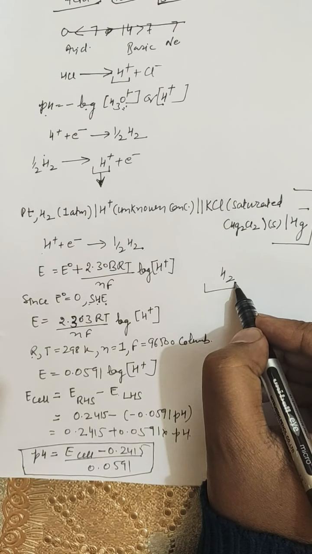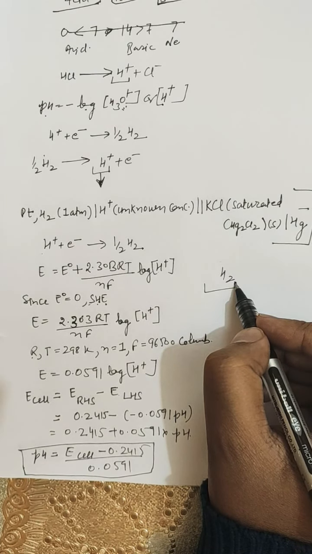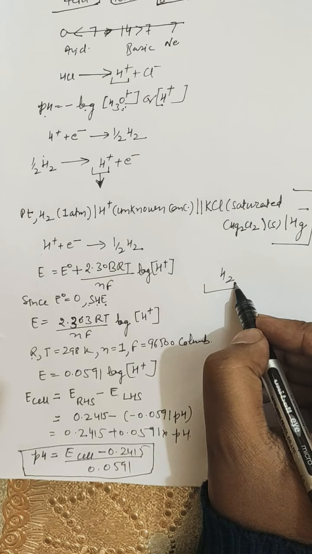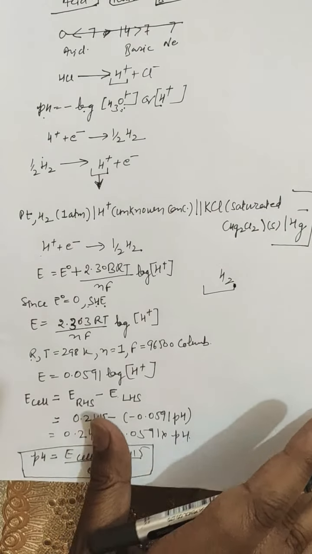Further, it requires a considerable volume of test solution. The test solution might poison the surface of the platinum electrode, and last, the potential of the electrode is altered by change in the barometric pressure. So this is the method by which we can calculate the pH of the solution using the hydrogen electrode.